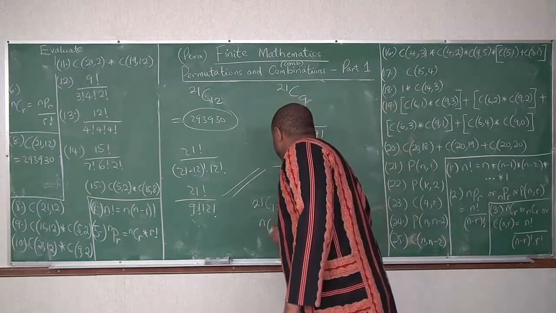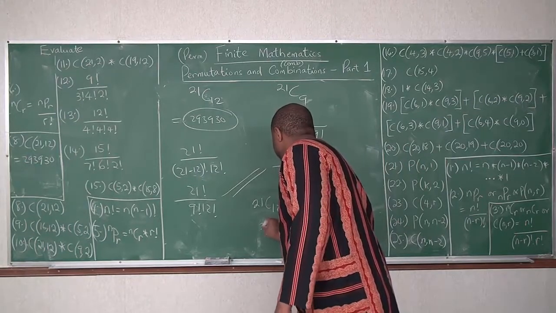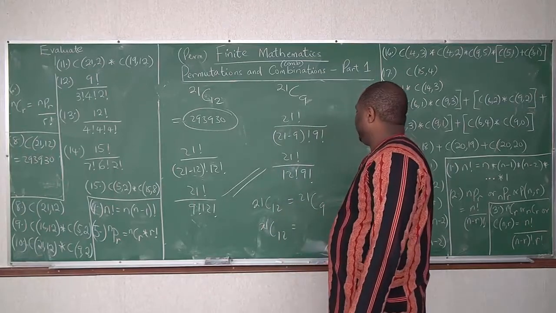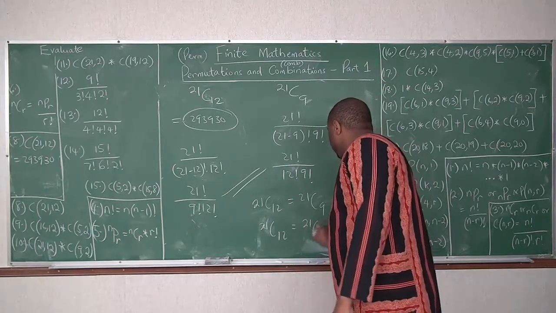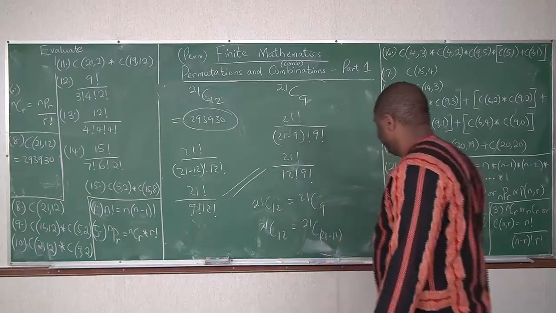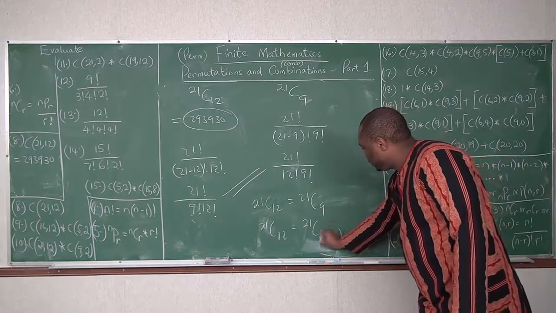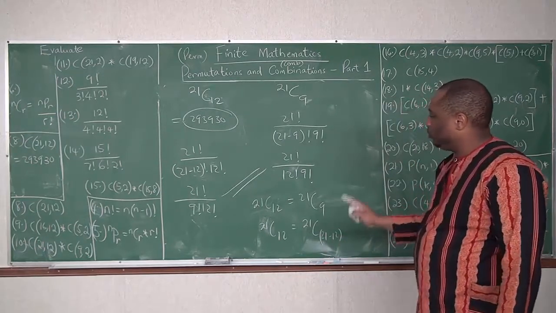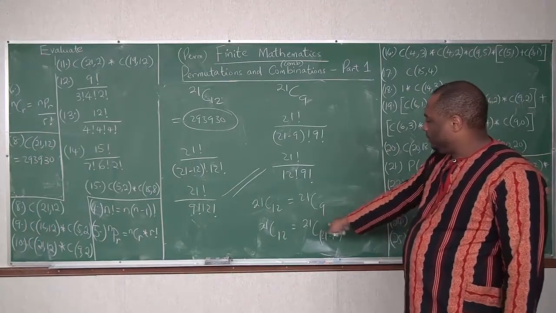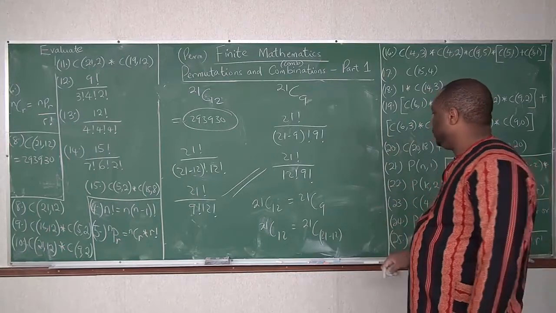So that means 21 choose 12 is equal to 21 choose 21 minus 12. See that? Because 9 is 21 minus 12. Okay? So 21 choose 12 is the same as 21 choose 21 minus 12.